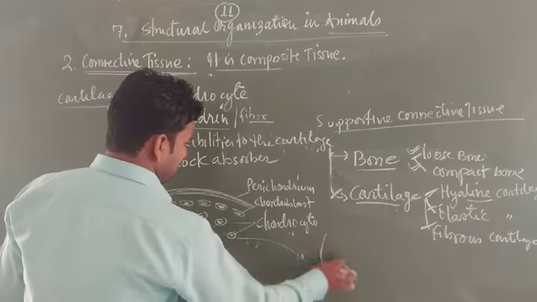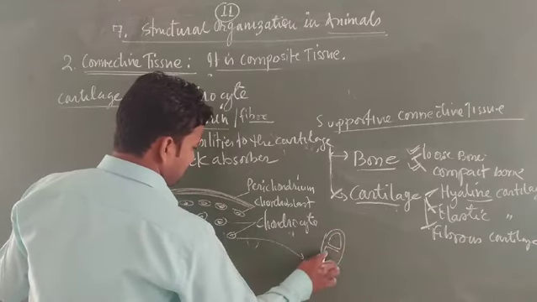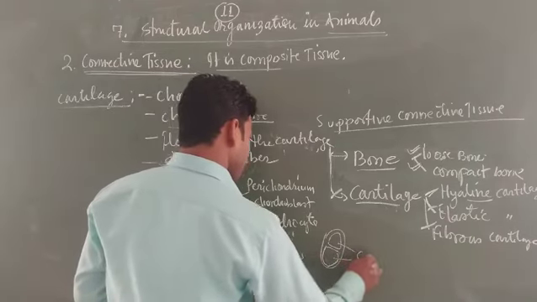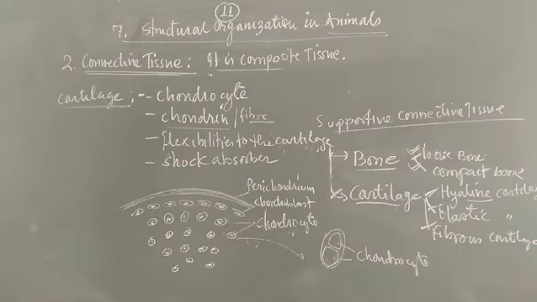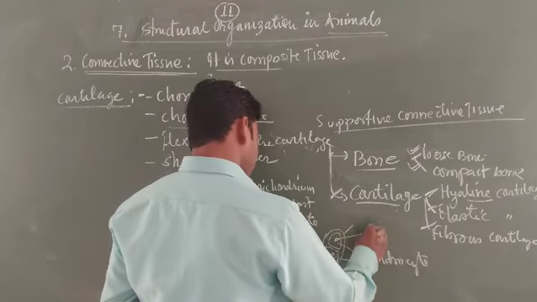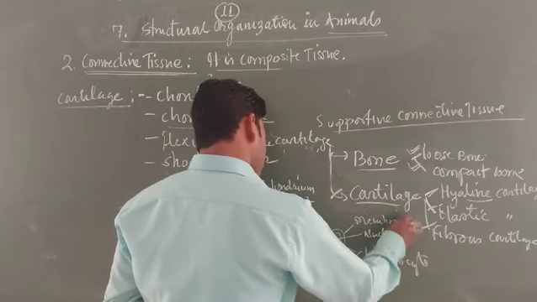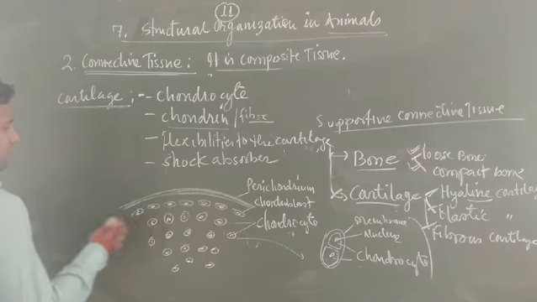If you prepare a large diagram, this is a chondrocyte, and this is the nucleus present in it, and this is the membrane. This is the membrane, nucleus, and chondrocyte. These all things are found inside the cartilage.